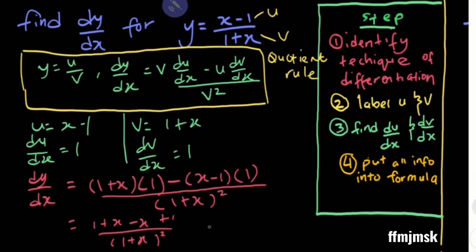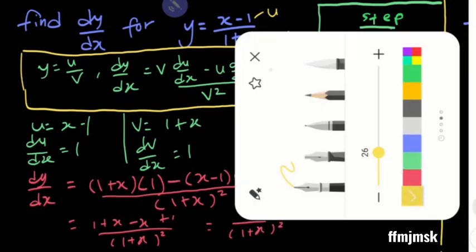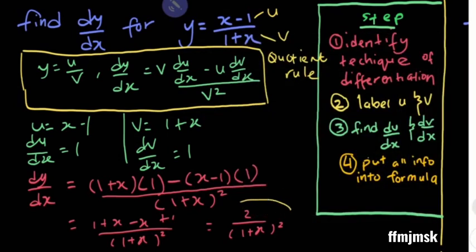Okay, simplify this equation. You will get 2 over 1 plus x power of 2. So this is the final answer for this question.